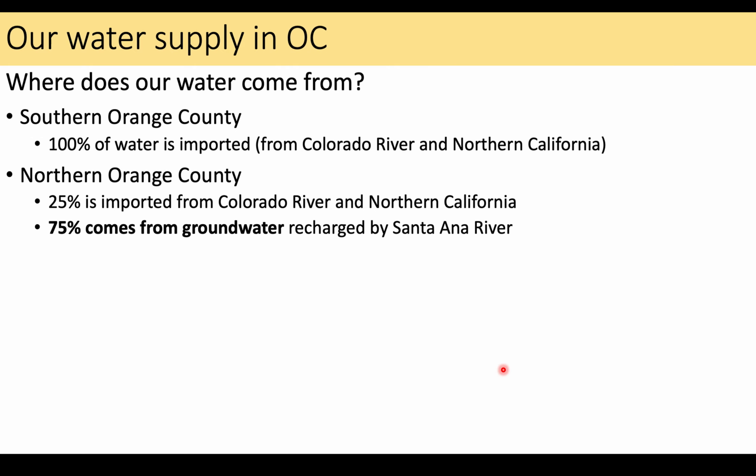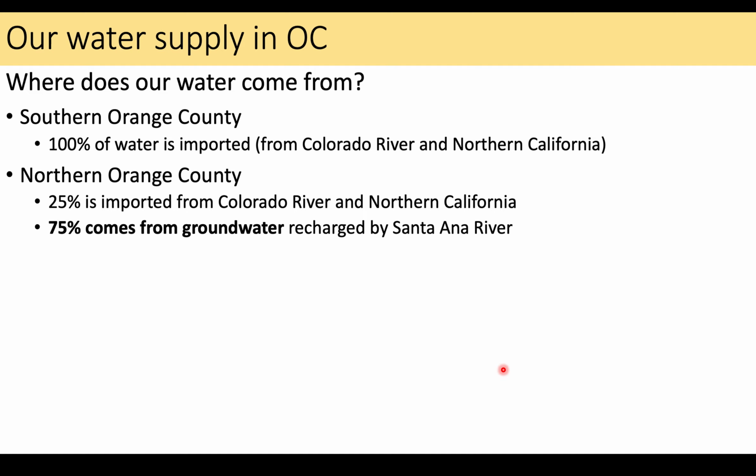Where does our water come from? So if you are in Southern Orange County, 100% of your water is imported. So all of the water used in Southern California either comes from the Colorado River or from rivers from Northern California.